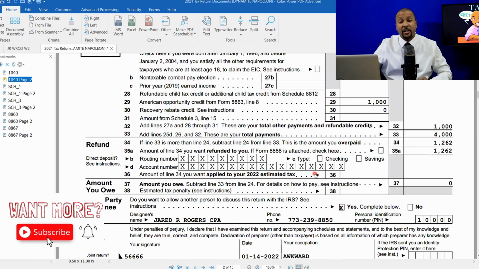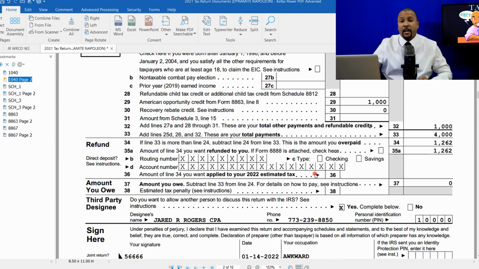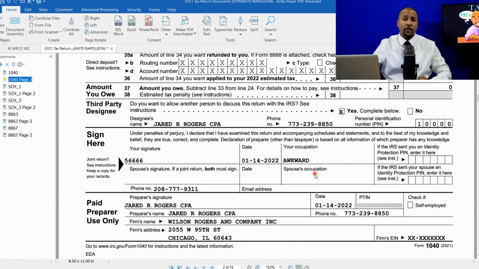Here we can see his refund is just simply going to go via check. Had it been requested for direct deposit, then these X's would actually have his bank's routing number and account number. Since Napoleon used a paid preparer, such as myself, our information is listed here as a third-party designee, which means that we can talk about this tax return with the IRS if they have any questions.